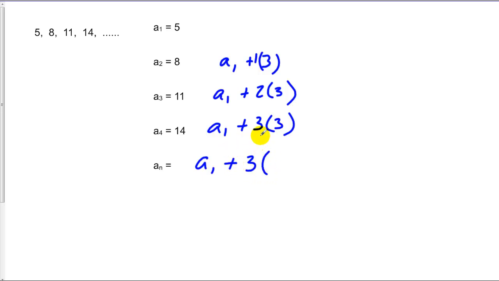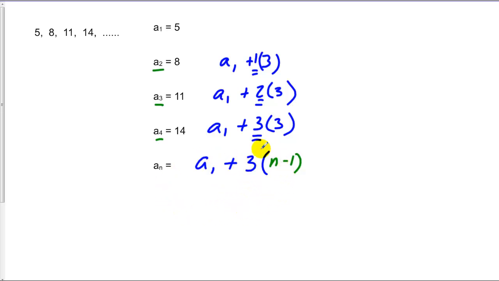Notice my multiple here is 3, my multiple here is 2, and my multiple here is 1. And if you look over at the term we're trying to generate, my subscript is 2 here, and I have a multiple of 1. My subscript is 3 here, and I have a multiple of 2. My subscript is 4 here, and I have a multiple of 3. So you'll see that the multiple is 1 less than the subscript, or n minus 1 in value.